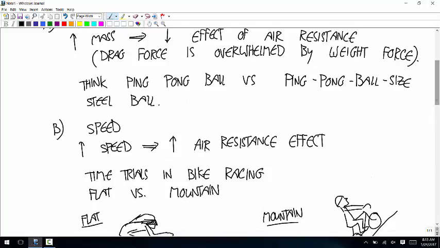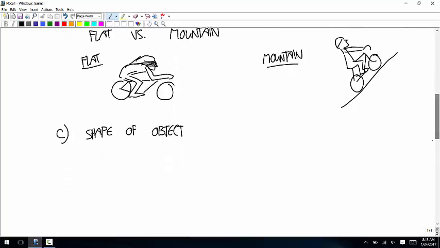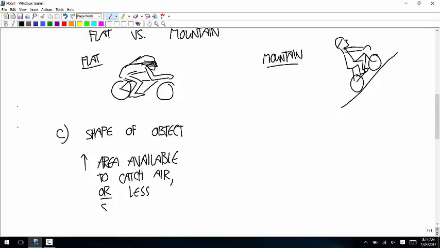If you have a shape where more area is available to catch air, or a less streamlined shape, and those are actually different things, then you have an increased air resistance effect.